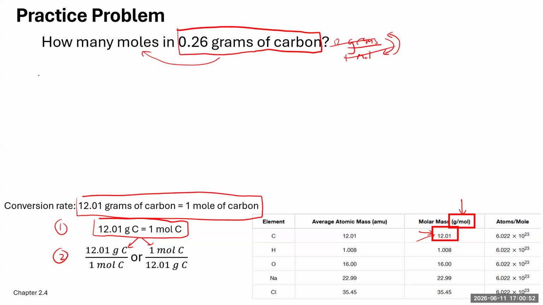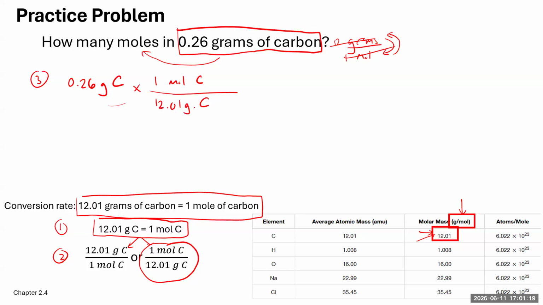Right? And then for step 3, we're going to take the original value, 0.26 grams of carbon. We're going to multiply that by the fraction that has grams of carbon on the bottom, which is this one. So we say 1 mole of carbon divided by 12.01 grams of carbon.